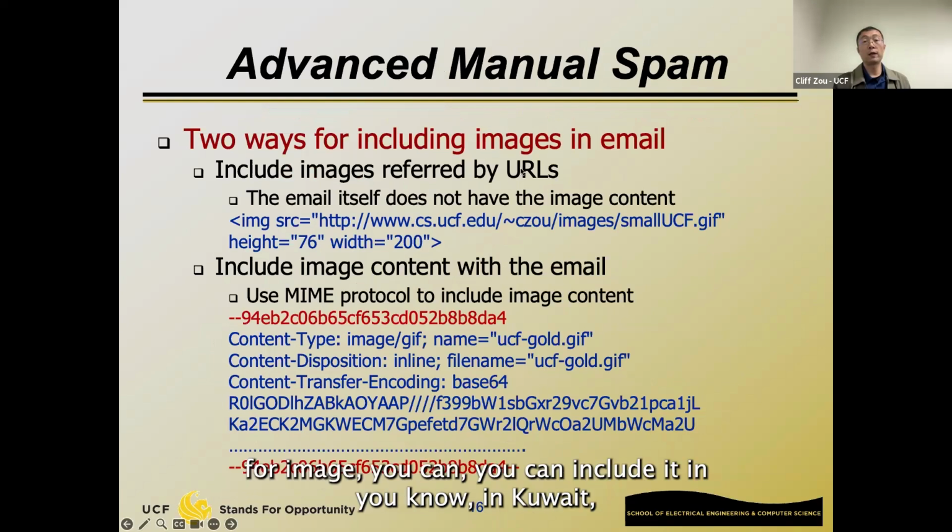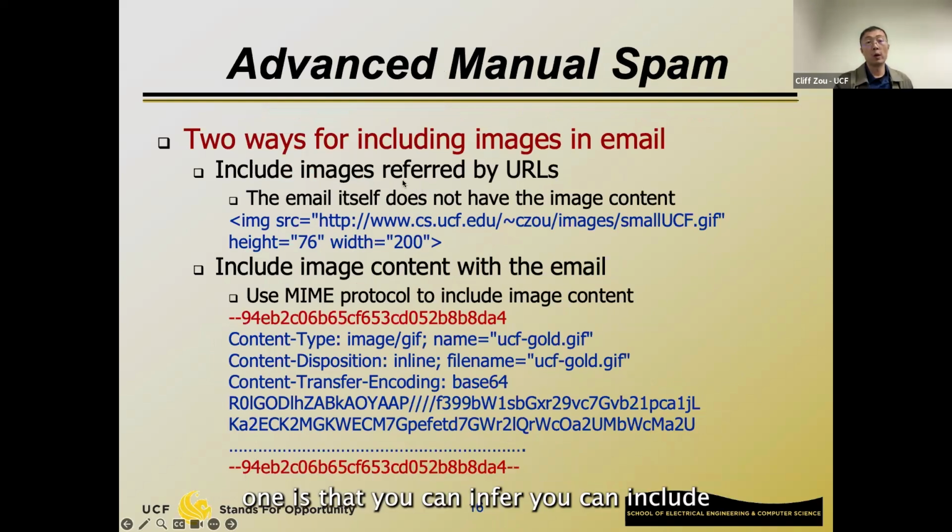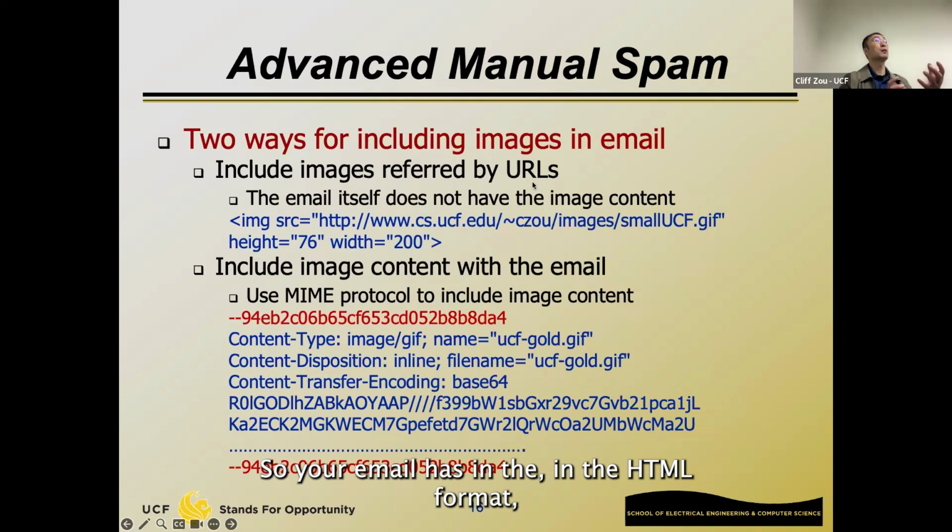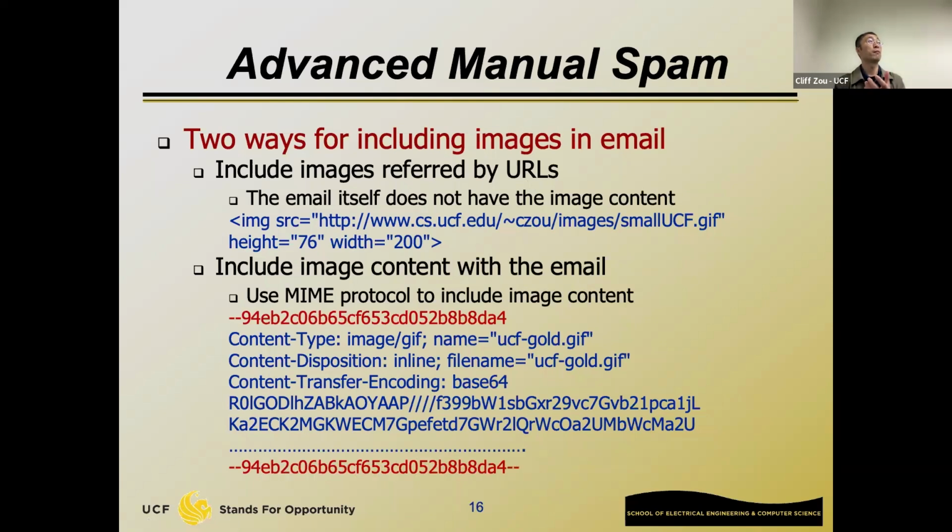For an image, you can include it in an email in 2 ways. One is that you can include the image as a reference, as a URL. So your email is in HTML format, and then the image is referred to as a URL link. So the image itself is not included in the email.